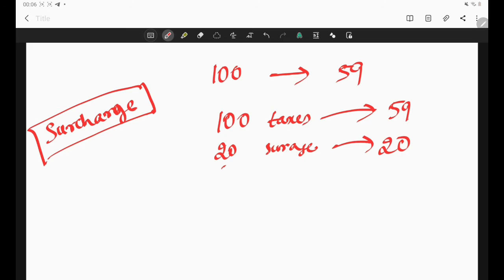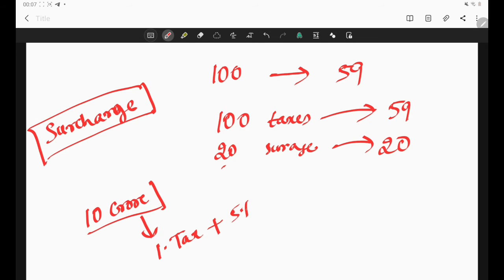So this is why, along with charging taxes, central government will also charge surcharges in some instances. Like, for example, if a company earns profit more than 10 crore, then there is a rule that along with whatever applicable income tax they are paying, they will pay some 5% surcharge.